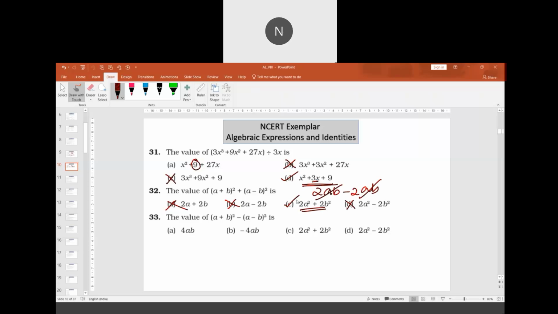Left is a square plus a square, which is 2a square, and b square plus b square, which is 2b square. So the answer is 2a square plus 2b square. Understood? These two questions are very important.